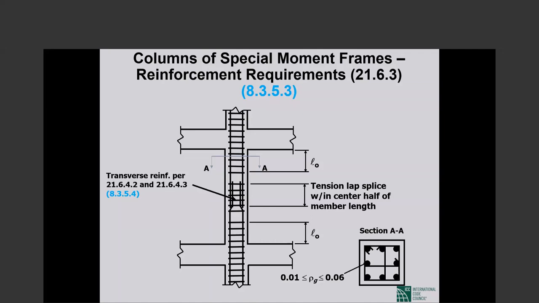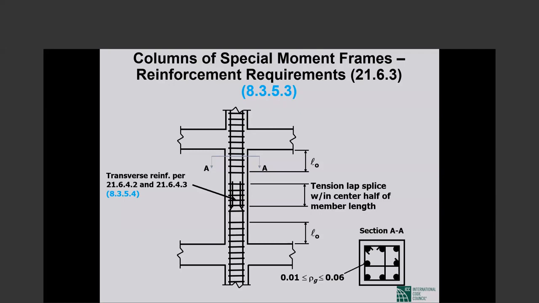Now, going down to 0.5% is not allowed for columns that are part of special moment frames. 1% is the absolute minimum reinforcement ratio. Okay.